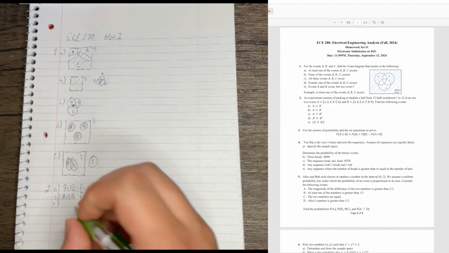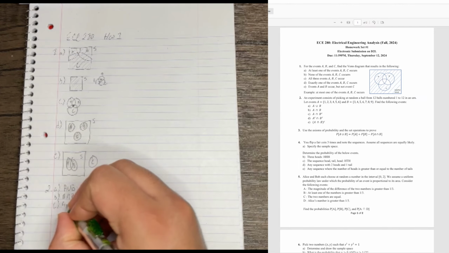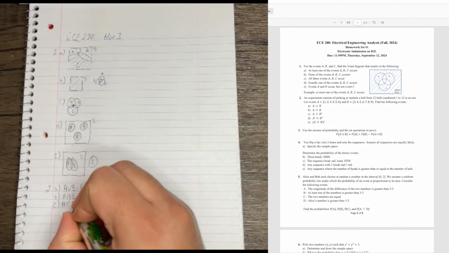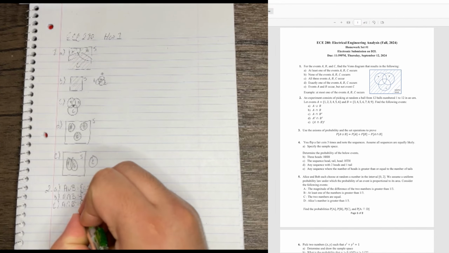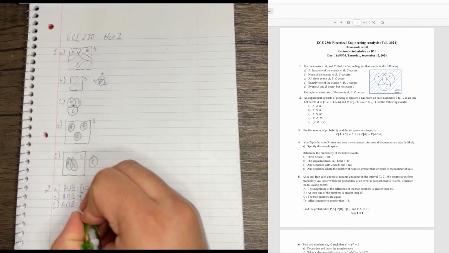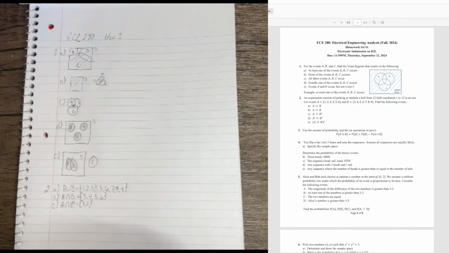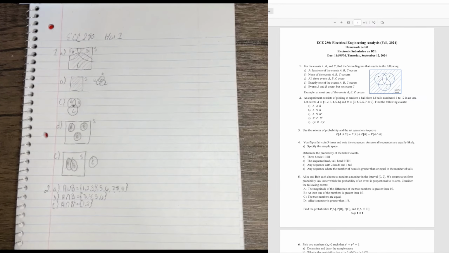Yeah. A intersect B complement is equal to just 1 and 2, because those are the only two that are not in B but are in A.